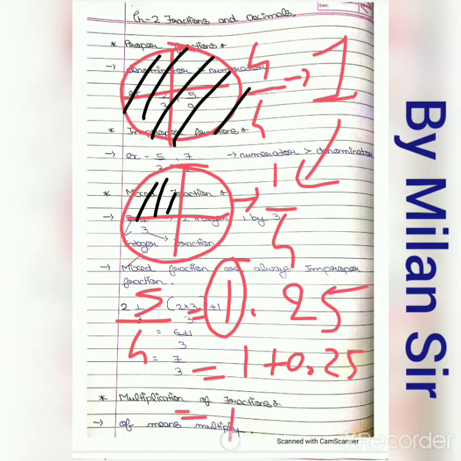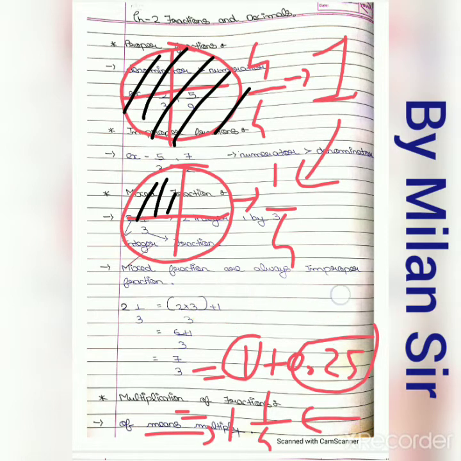So this is our integer number, it's a 1, and this is the fraction, 0.25, a decimal fraction, right? So we can represent this by 1 by 4, because the answer of 1 by 4 is equal to 0.25, right? This is the meaning of mixed fraction. Here you have the integer part and here you have the fraction part.